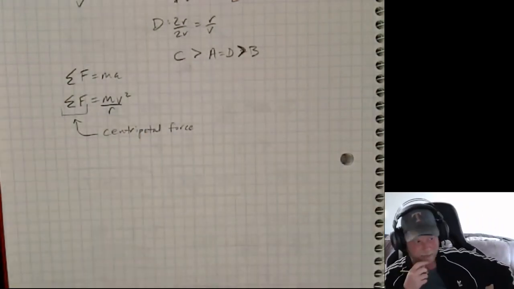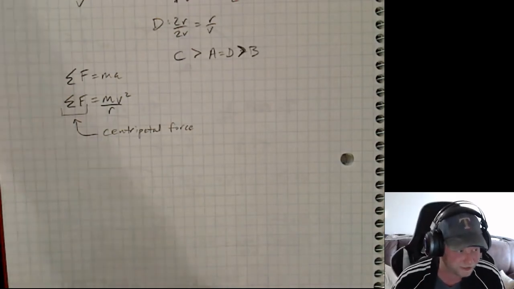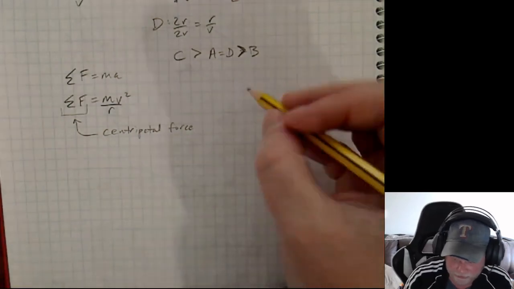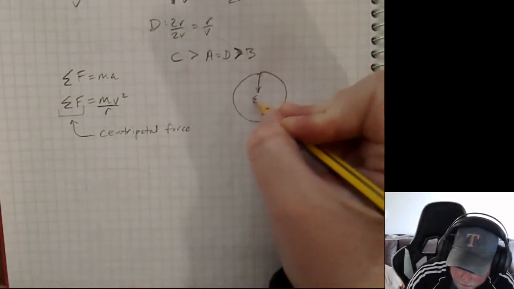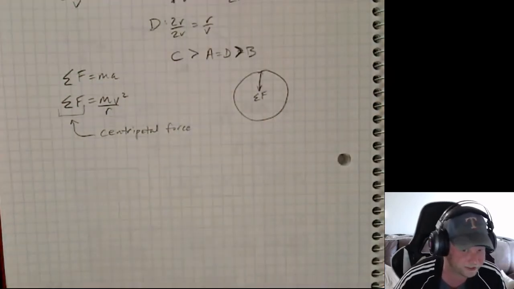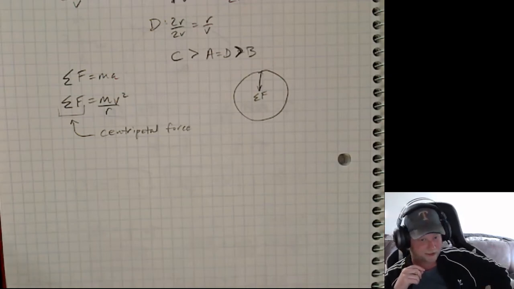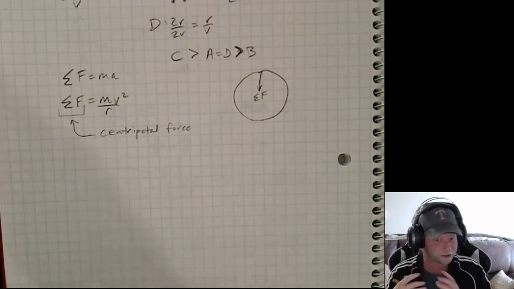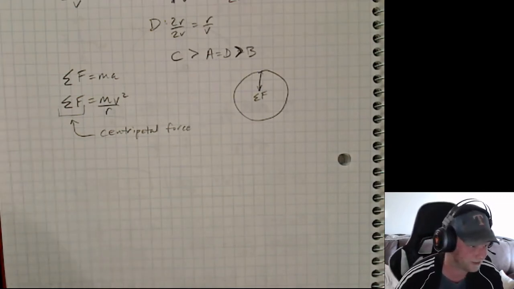Now again, think back to what we said centripetal meant in Latin. Centripetal means center seeking. So if you're looking at something moving in a circular path, the centripetal force is always a force that's directed towards the center of a circle. Now, here's the biggest mistake people make, is they want to think about the centripetal force as some sort of independent force that we've never seen.